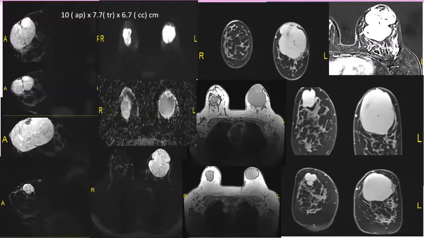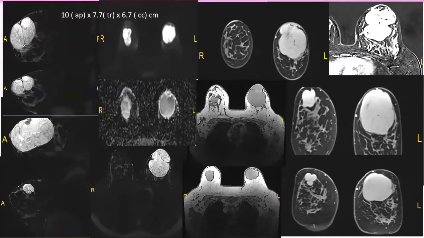Furthermore, on MRI, following the conventional images, the right one is more typical of fibroadenoma: internal septation, more homogeneous, circumscribed.